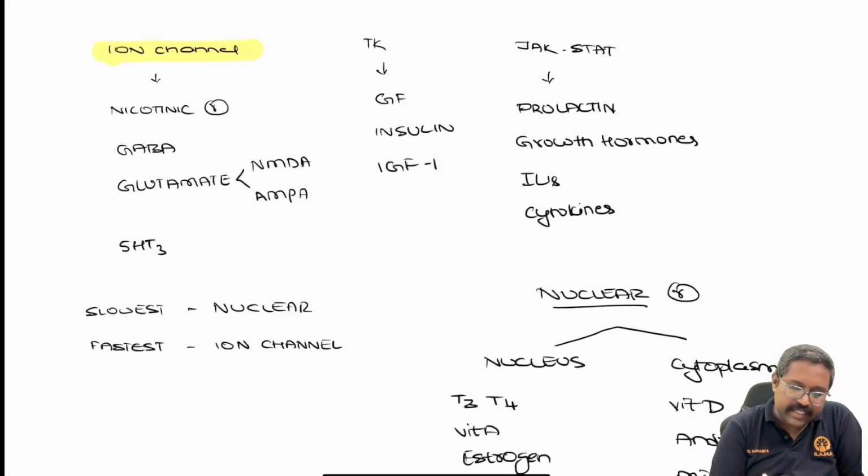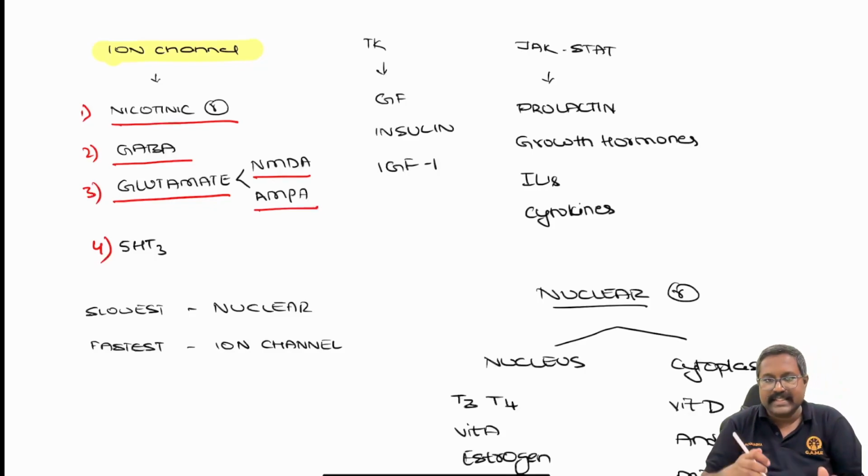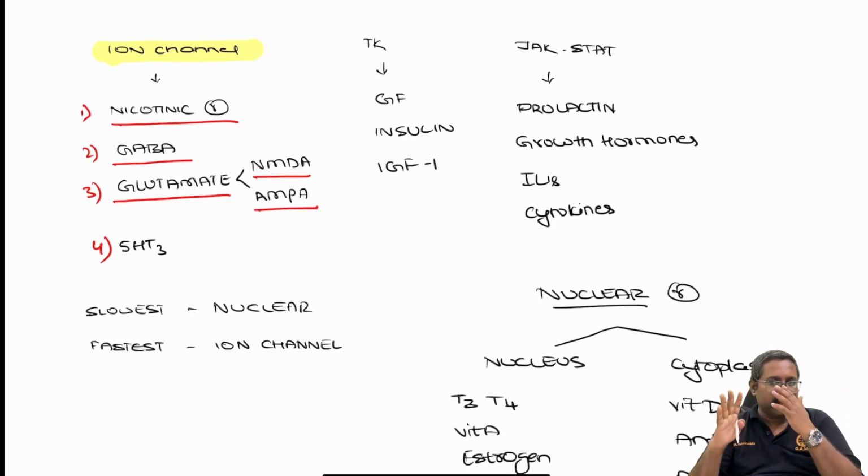In the ion channels we have nicotinic receptors, GABA, and glutamate. In glutamate we have two receptors, NMDA and AMPA. So we have nicotinic, GABA, glutamate, and serotonin. It is easy to remember. Remember, all the excitatory and inhibitory receptors belong to ion channels.